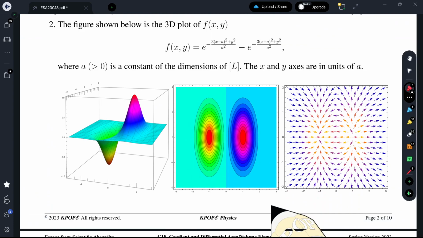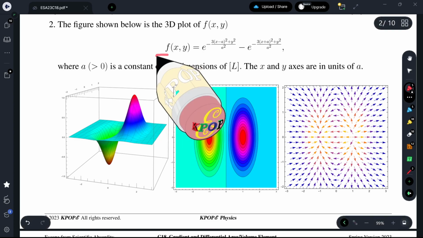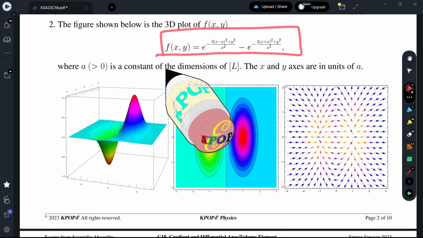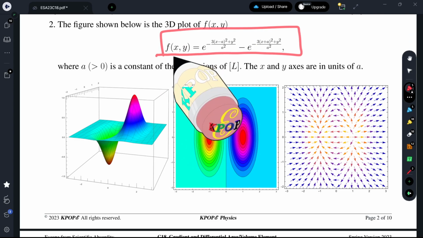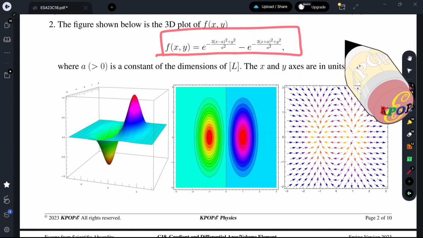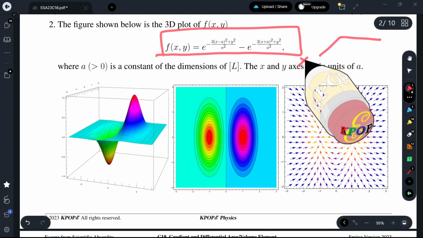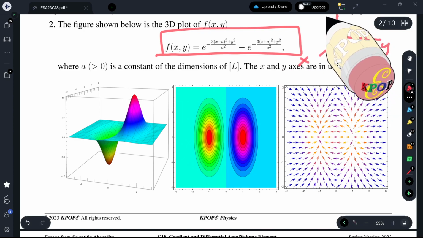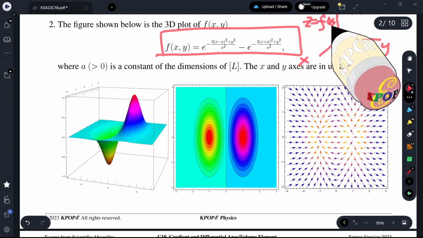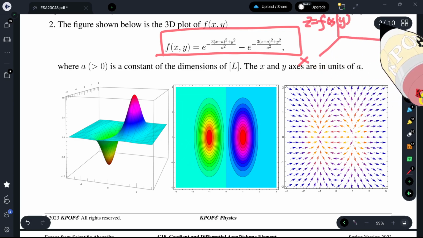Let us consider the 3D plot of some operation applied to this scalar function defined in 2-dimensional Euclidean space. If I draw a three-dimensional plot, this is x and y, and z is the value of f evaluated at x comma y.